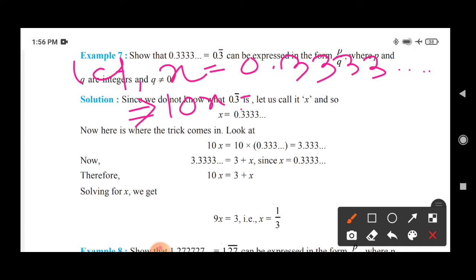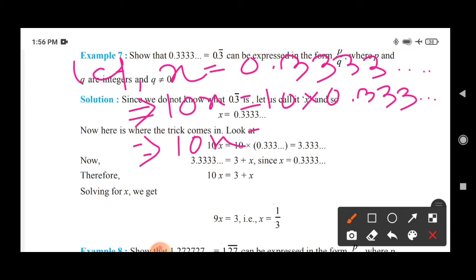So it is 10x, and it is 10 into 0.33... The 10x remains the same, and if you multiply the right hand side by 10, then the decimal moves to the right by one digit.